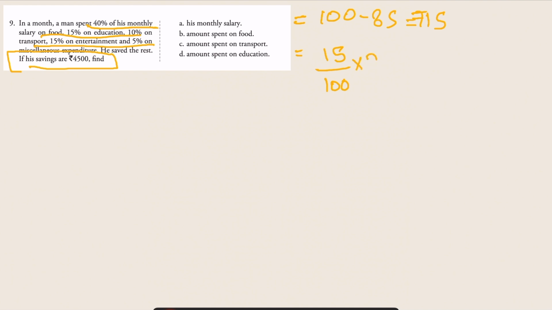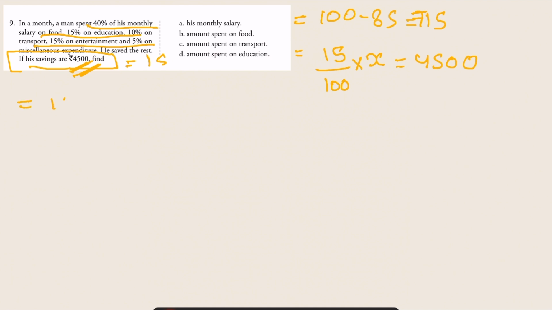So 15% of a number is 4,500. So we are finding a number whose 15% is 4,500.